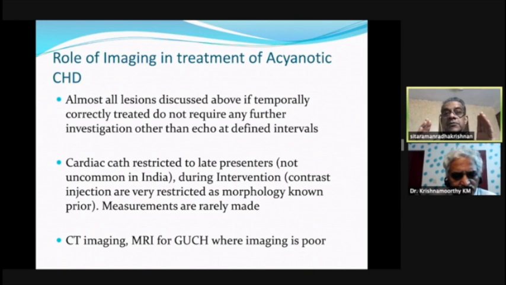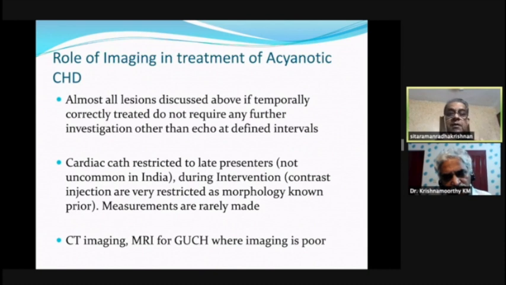Please don't use echo parameters to do all that. Today, if you have pulmonary hypertension, whether it is because of a congenital heart disease or because of primary pulmonary hypertension, cardiac catheterization is a class 1 indication. There are no substitutes for correct assessment of PAH hemodynamics other than cardiac catheterization.